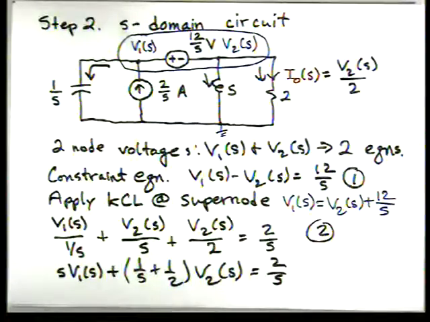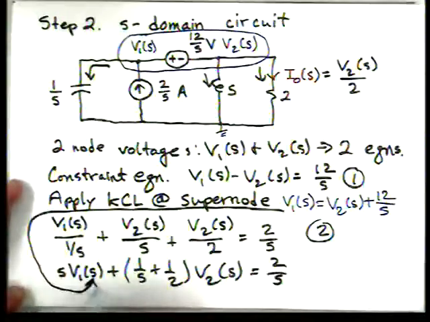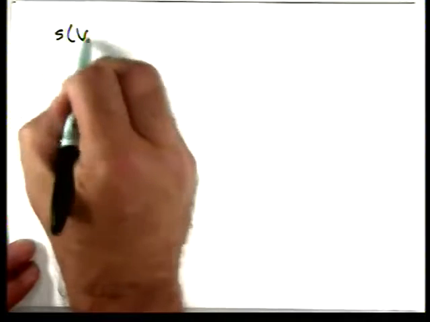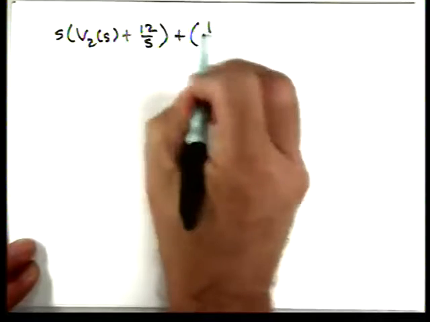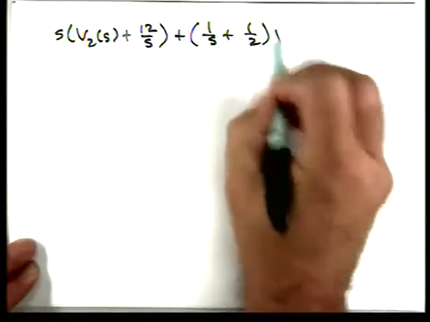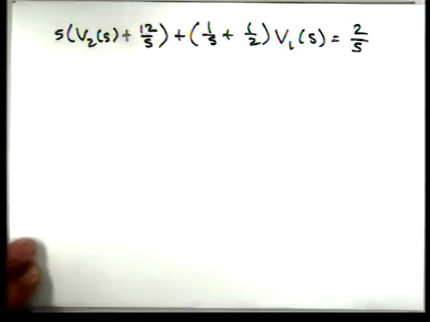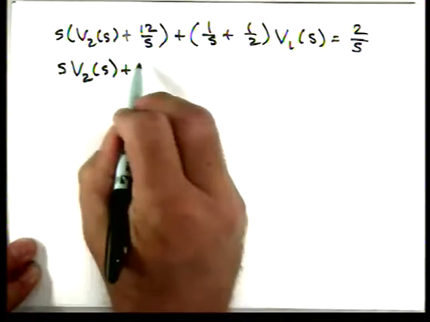So now we're going to have to work through the math. One of the things that we'll do is substitute this in for V1. So now we'll have S times V2 of S plus 12 over S. Then we'll have 1 over S plus 1/2 times V1 of S equal to 2 over S. And again, now we just have to work on the algebra.